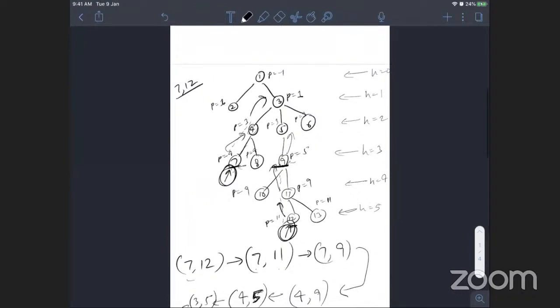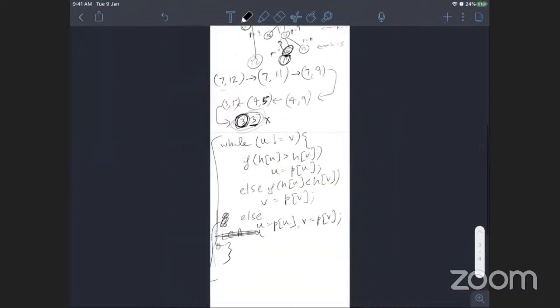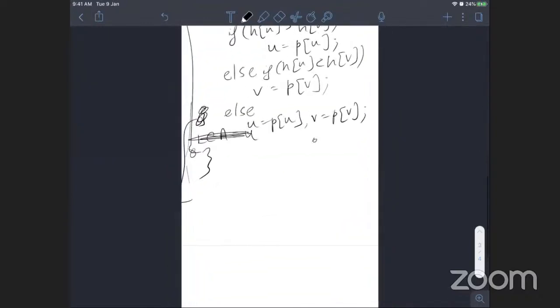Let's say you started at 7 comma 12. You can't move 7 up in the first step. Why? Because let's say 12 was actually somewhere here. The diagram gets dirty pretty quickly, but let's say this was the tree. This was 7, and let's say this was 12. Now, had you moved 7 up earlier, you would have already made the answer incorrect because the LCA technically is 7 itself.